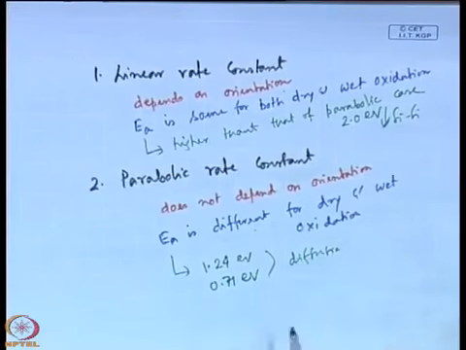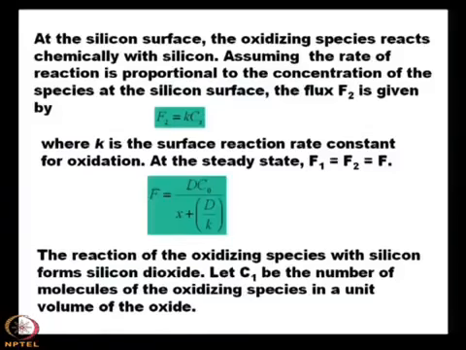Then we have come across the different kinds of structures of SiO2. One is the quartz type of structure, another is the amorphous type of structure. We have seen that the density of the quartz structure is greater, its packing fraction is very high. Why is it so?